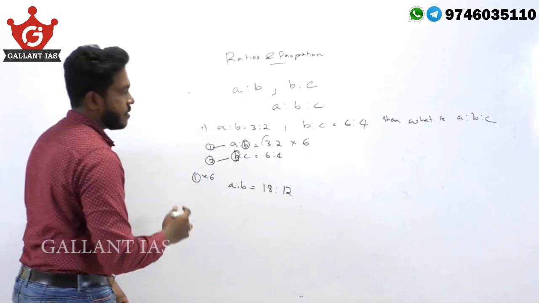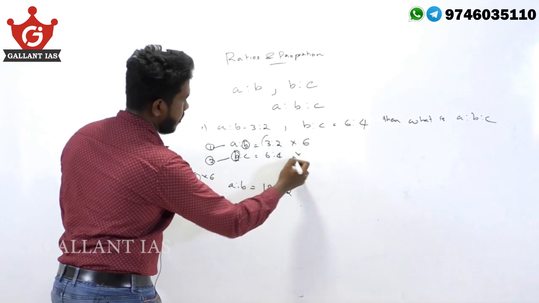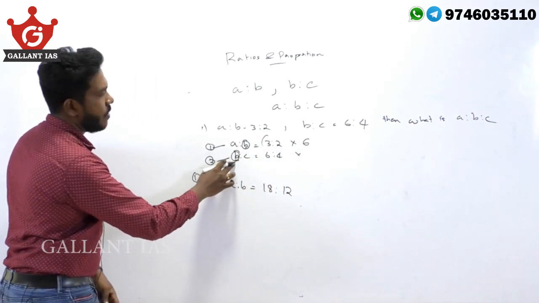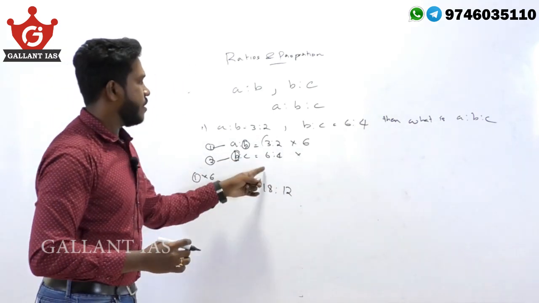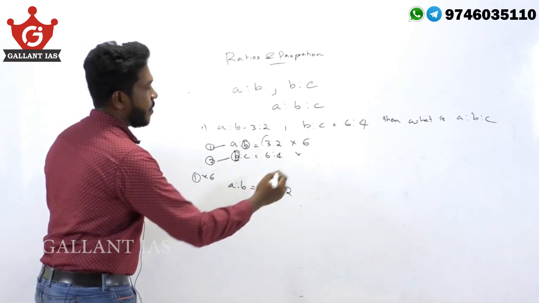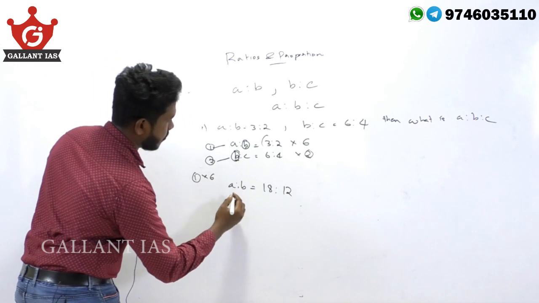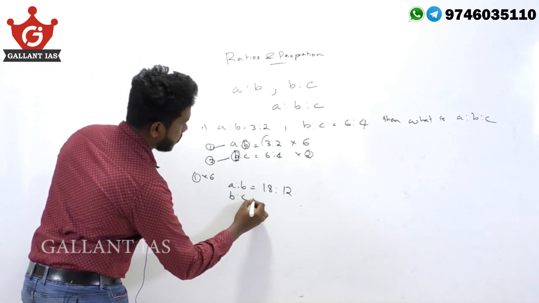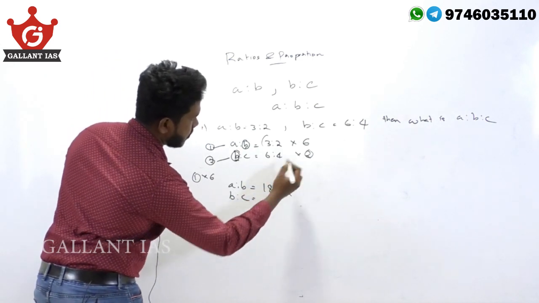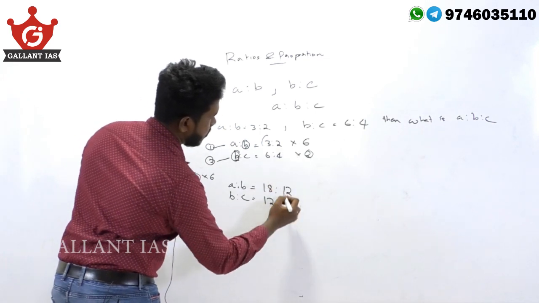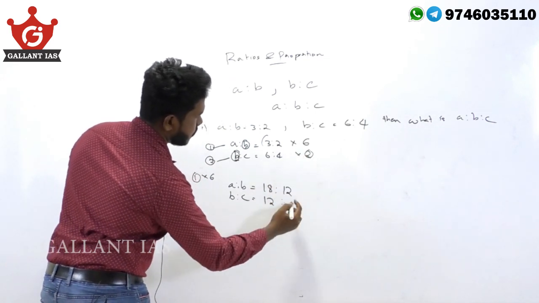Similarly, in the second equation, in order to make the B value 12, which number do I need to multiply? 2, right? If you multiply the second equation with 2, then B is to C changes to 6 2s are 12 and 4 2s are 8.